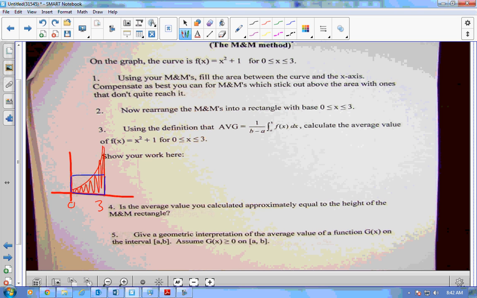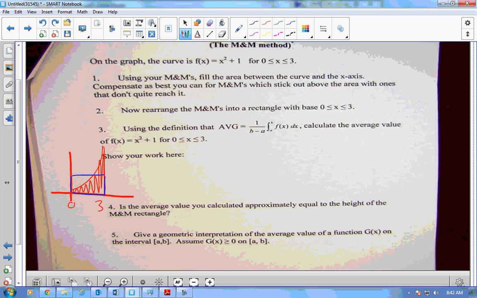The width didn't change. What changed was the height. The average height times the width is the same as the area under the curve. Did you add M&Ms or subtract M&Ms?